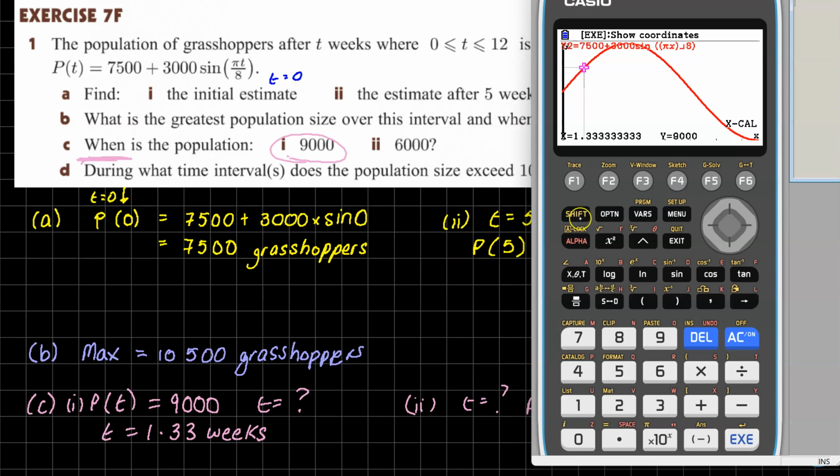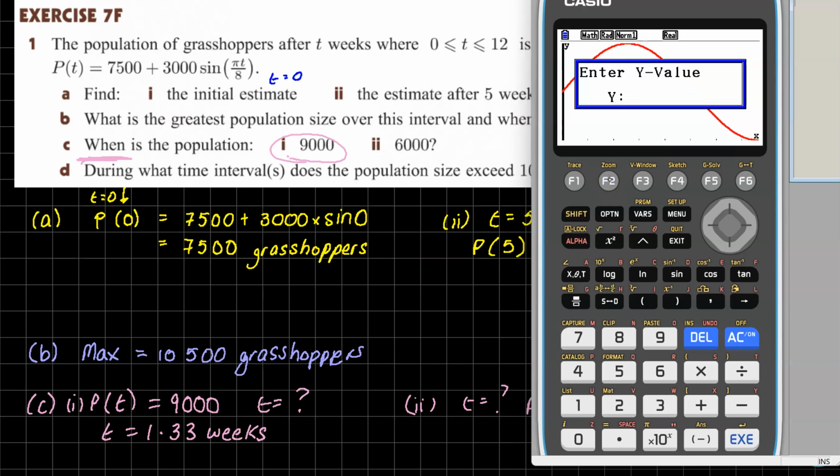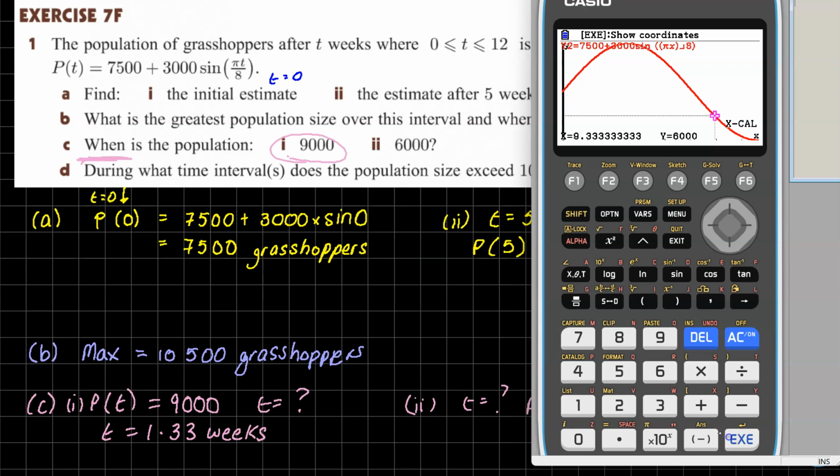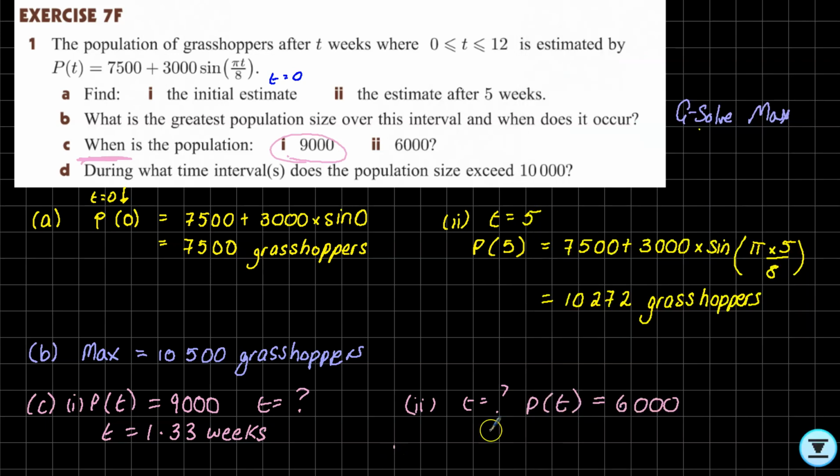Once again, we're going to go G-solve, more F6, but instead of Y-calc, we're going to do X-calc, and it comes up, what's your Y value? 6,000. Press enter. Oops. Good Lord. 9.33. So we get 9.33. You should be typing this into your calculator. Come on.